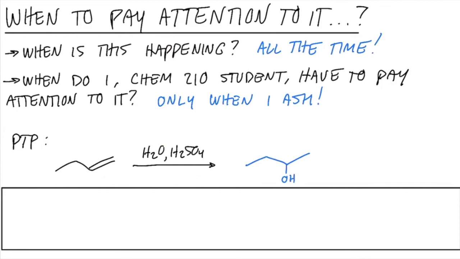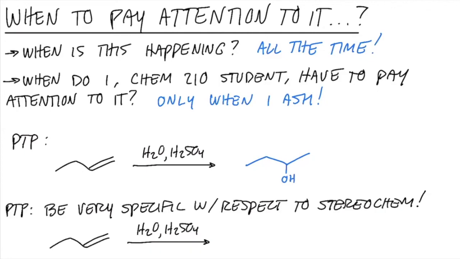So that's fine. But if you were to instead encounter a problem that looks like this, where I say, hey, predict the product and be very specific with respect to stereochemistry, and I'll definitely put the words very specific in bold or italics or all caps, to make you pay attention to the fact that I want you to tell me about the stereochemistry. I'm going to give you that hint, that instruction, if I want you to tell me.